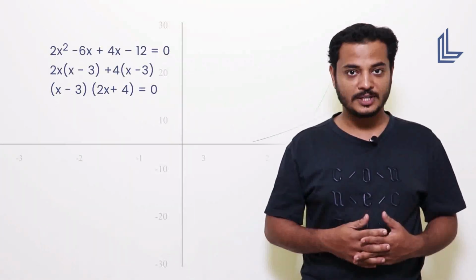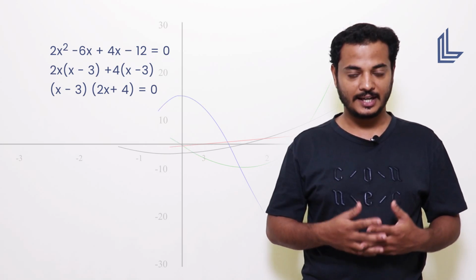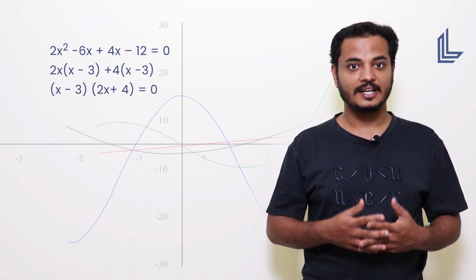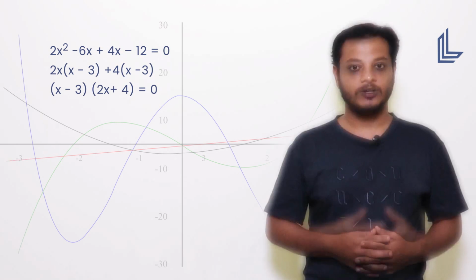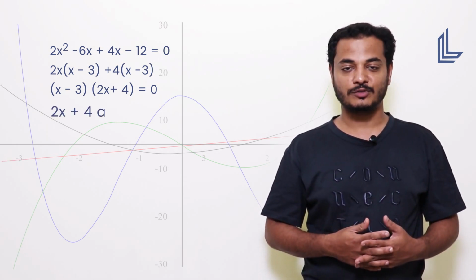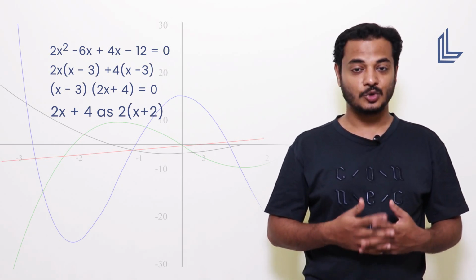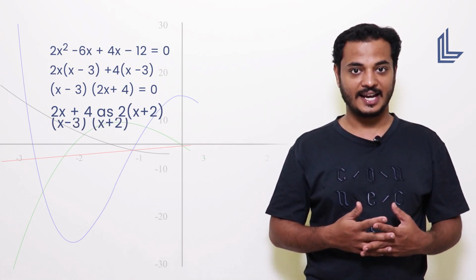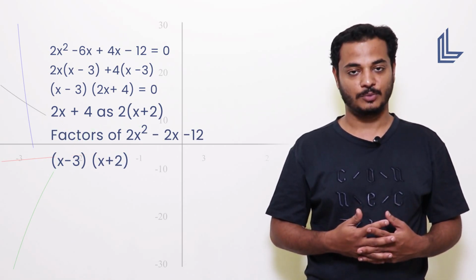By taking common terms and upon further solving as shown, we get the final result as x minus 3 into 2x plus 4 equal to 0. I can take 2 common out of 2x plus 4 and write this as 2 into x plus 2. 2 being a constant, I can say that x minus 3 and x plus 2 are factors of this polynomial.